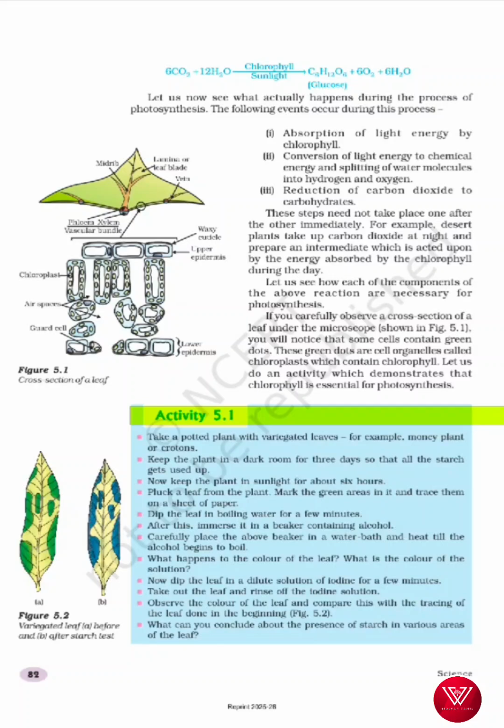Activity 5.1. Take a potted plant with variegated leaves, for example, money plant or crotons. Keep the plant in a dark room for 3 days so that all the starch gets used up. Now keep the plant in sunlight for about 6 hours.